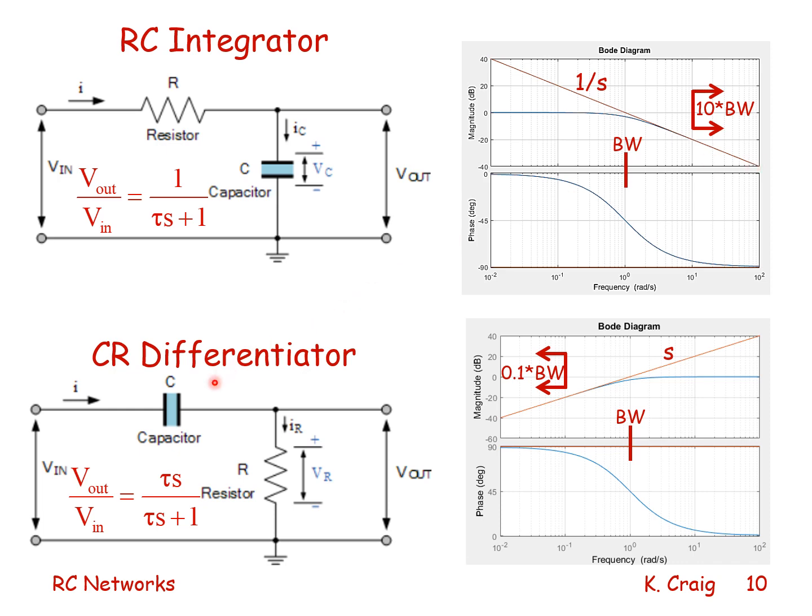Similarly, if I look at the CR circuit, the CR circuit is a high-pass filter. And we see that its frequency response has a slope of positive 20 dB per decade up until the bandwidth, which is 1 over tau in radians per second.